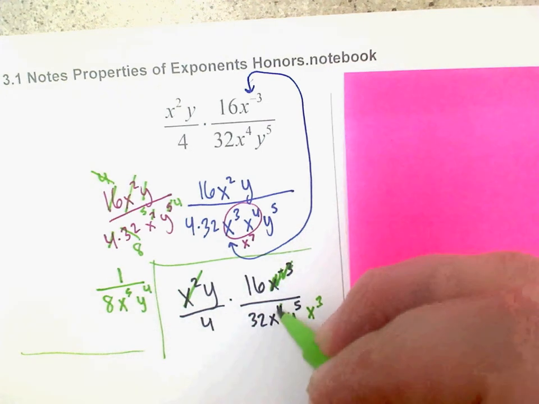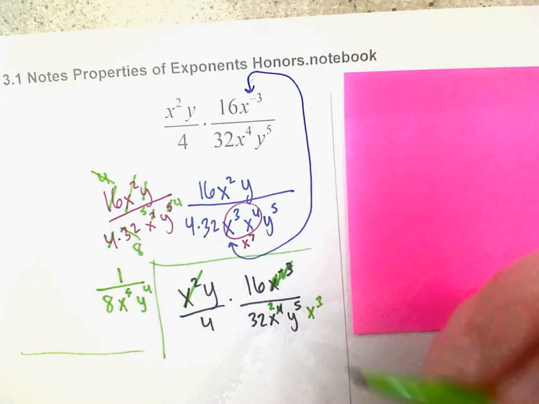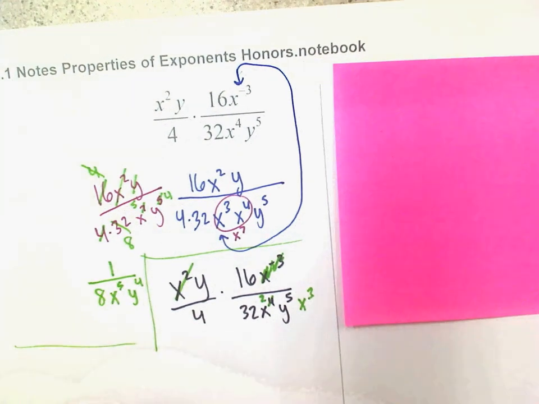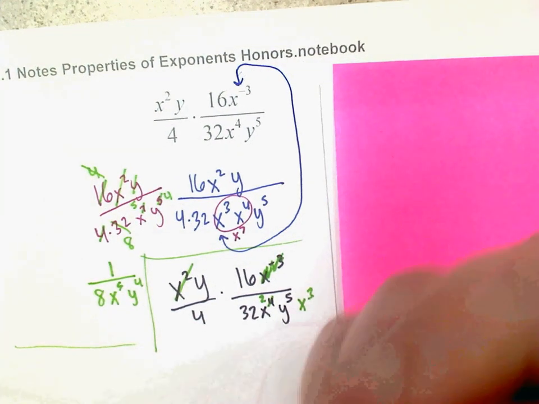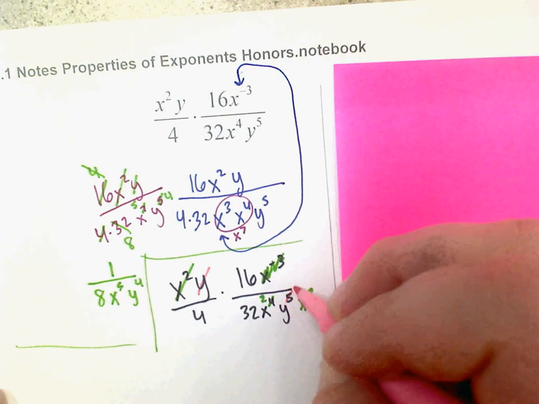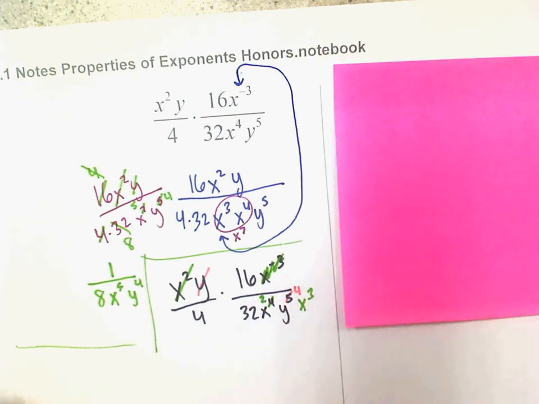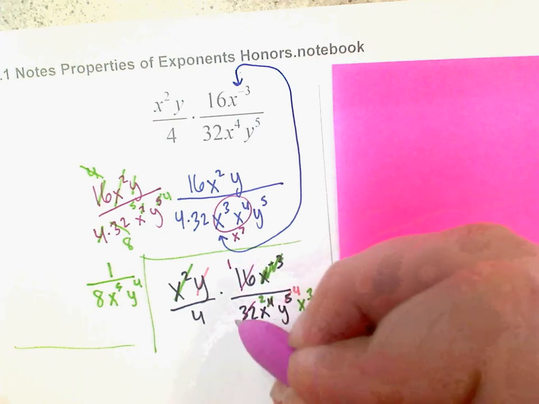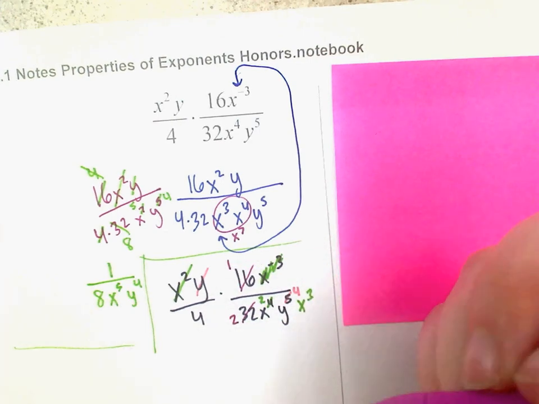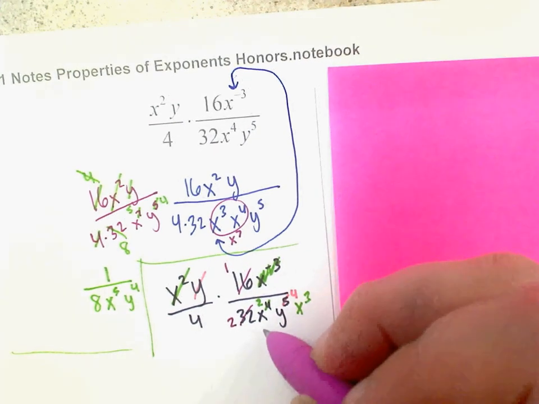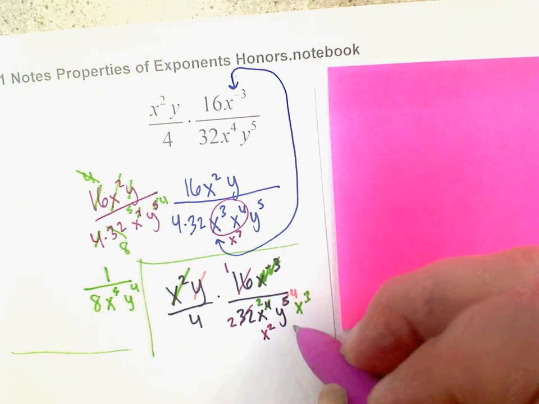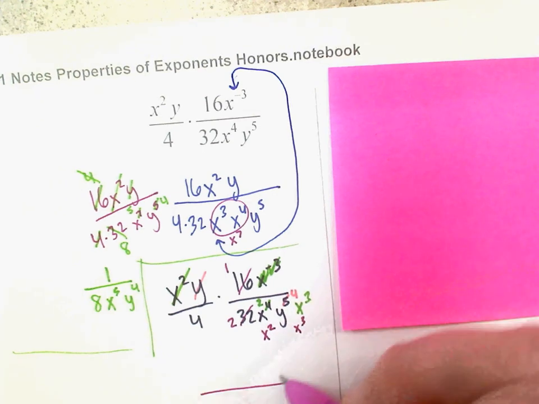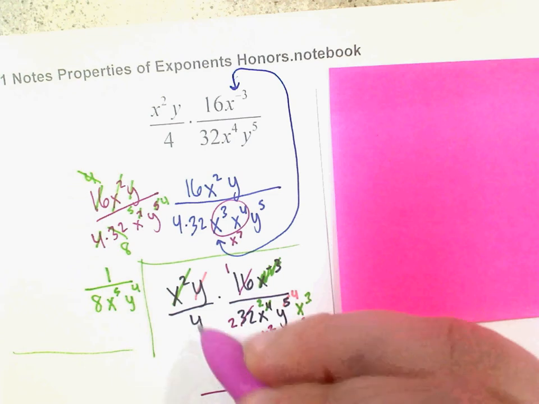One of these y's cancels out with one of those y's, leave me with 4. 16 and 32 simplified into 1/2. And then I've got x squared and x cubed, so that's x to the 5th. So again, 4 times 2, which is 8.